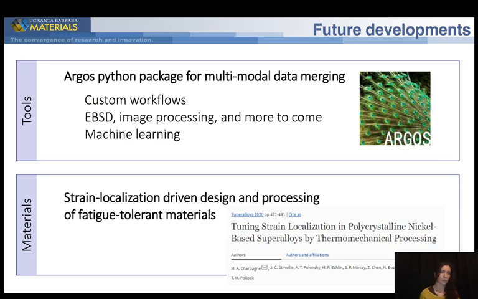But what's more interesting from a materials science point of view is that now that we know the weak points of the microstructure, we can think of designing new microstructures that exhibit lower strain localization and hopefully better fatigue resistance.